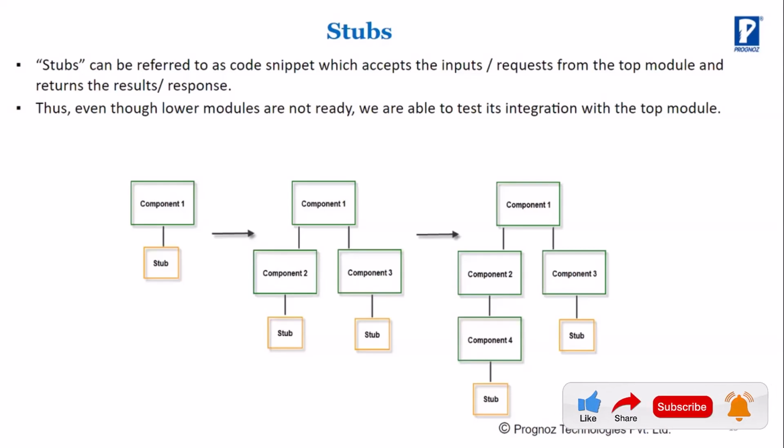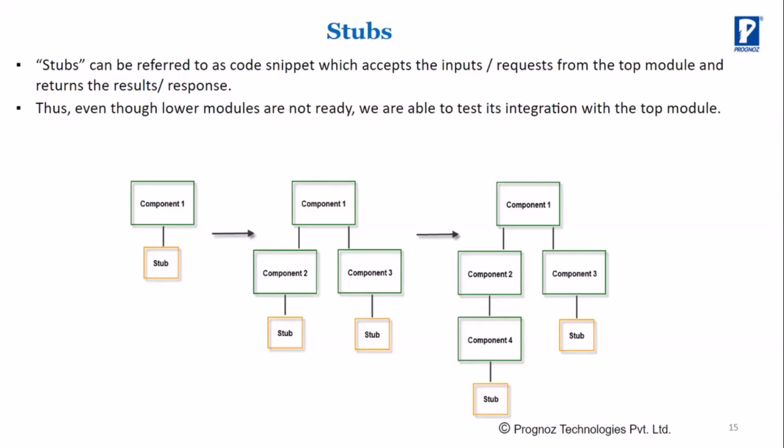Same thing applies here. Stubs can be referred to as a code snippet which accepts input or request from the top module and returns the results or response. Meaning whatever reply you need to give will come from there. So even though lower modules are not ready, we can test the integration with the top module.